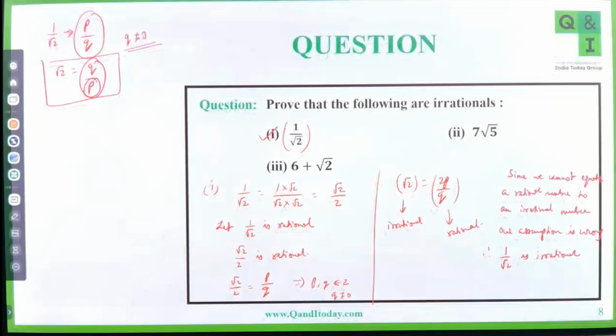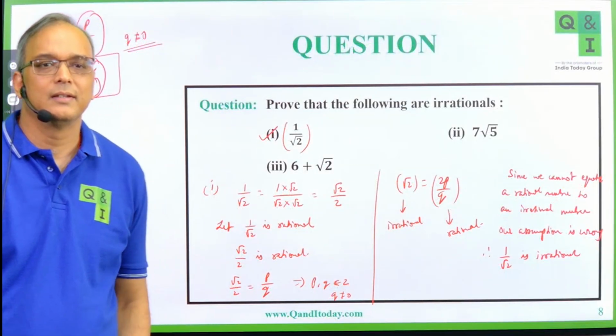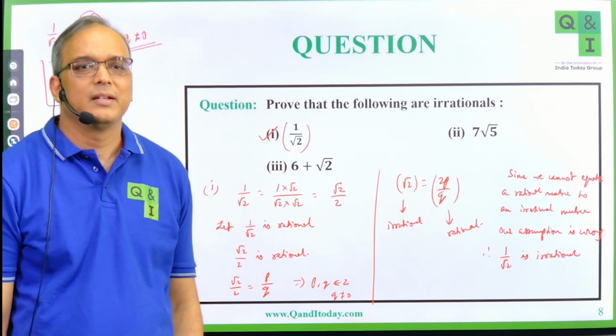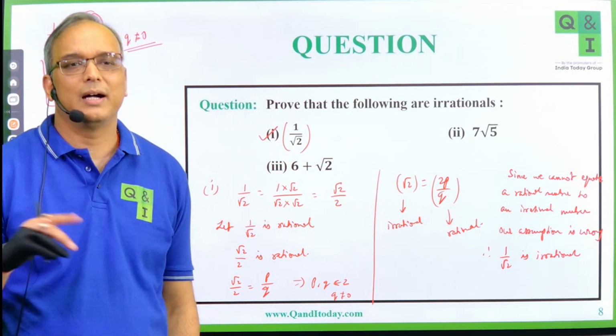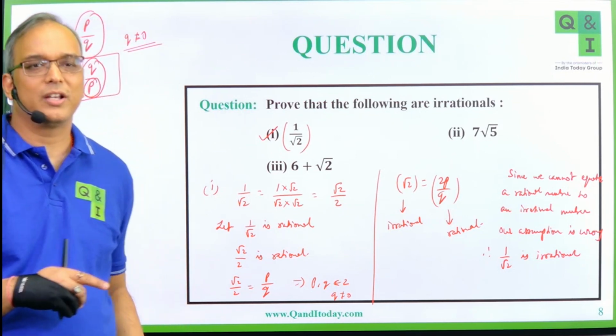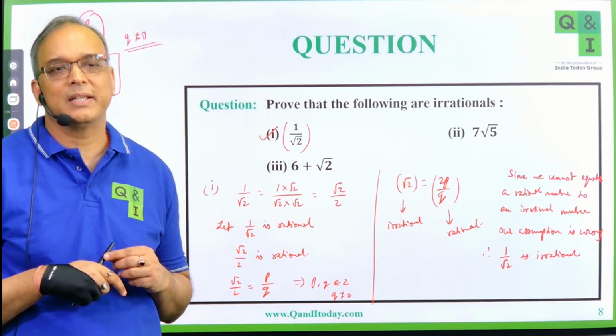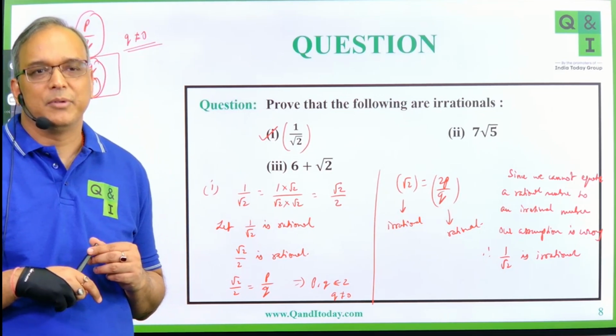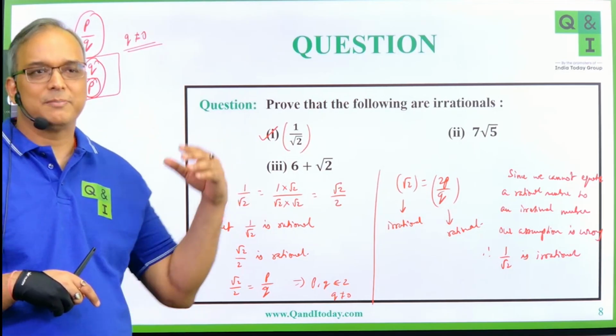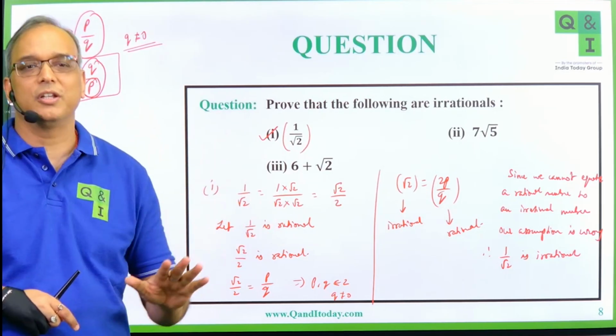Is it clear, students? Harsh, could you understand why we are not writing it as P by Q and we are not taking a cross multiplication? Because when I write 1 by root 2 as P by Q, I'll say that Q is not equal to 0.